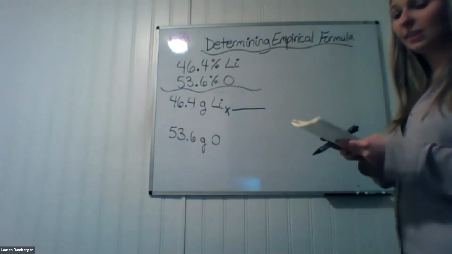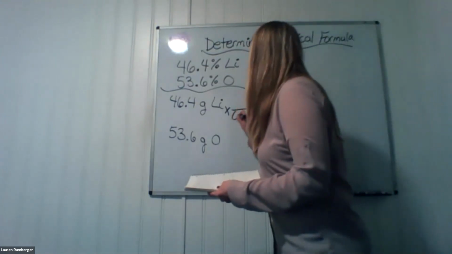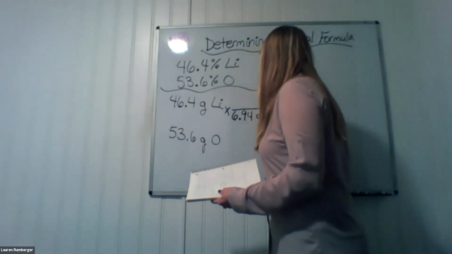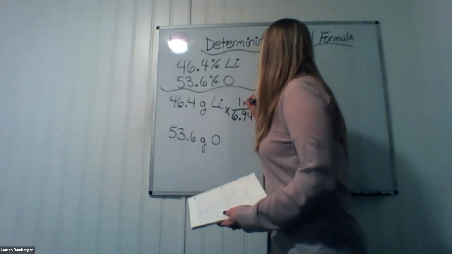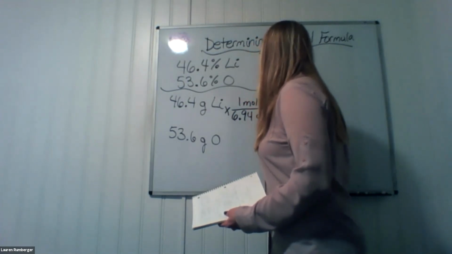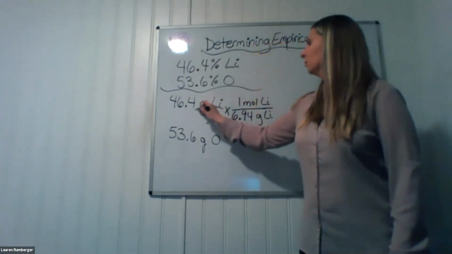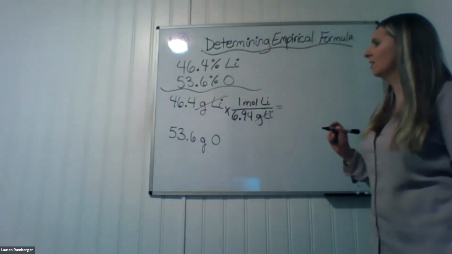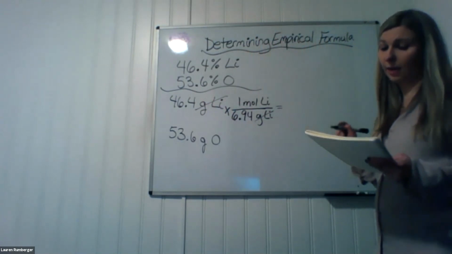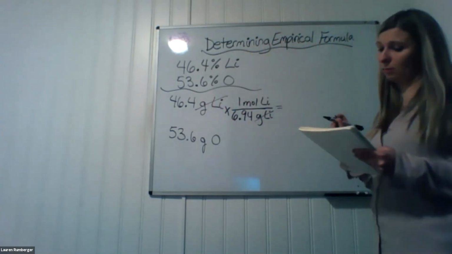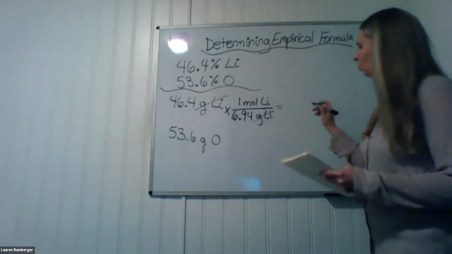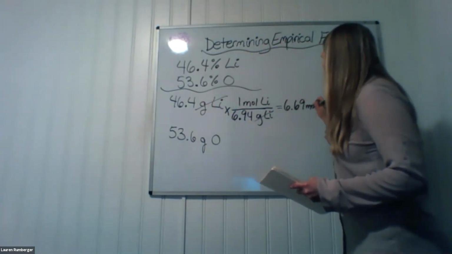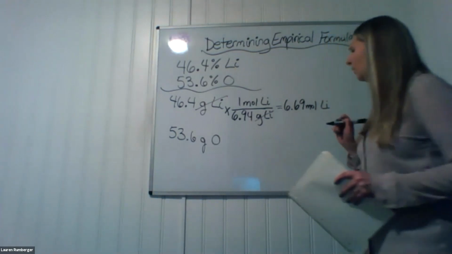The molar mass of lithium is 6.94 grams per 1 mole of lithium. So that allows us to cancel grams to give us the amount of moles of lithium within the compound. So the moles here, when you calculate, will be 6.69 moles of lithium.